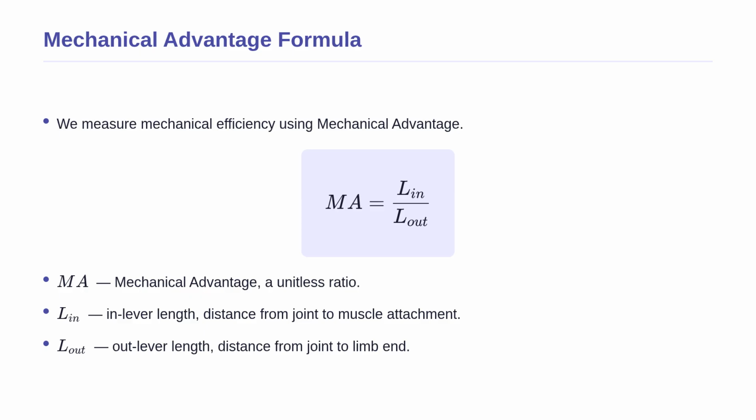The variable L-in represents the in-lever length, which is the distance from the joint pivot to where the muscle attaches to the bone, measured in meters. The variable L-out represents the out-lever length, which is the distance from the joint pivot to the end of the limb. When L-in increases, the limb generates much more force. Conversely, when L-out increases, the limb moves much faster at the tip.